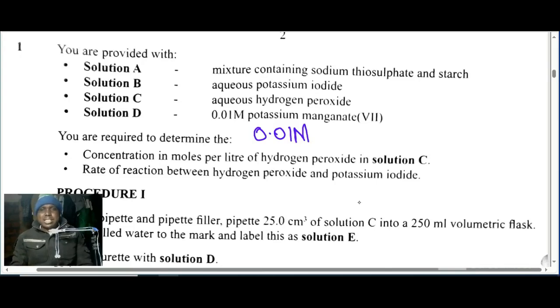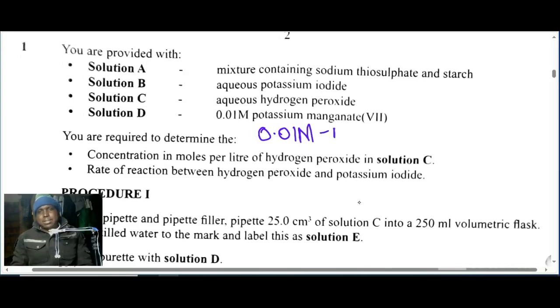This is molarity. And what is molarity? Molarity is the number of moles in 1 liter. So simply this means that 0.01 is the number of moles found in 1000 centimeters cube.